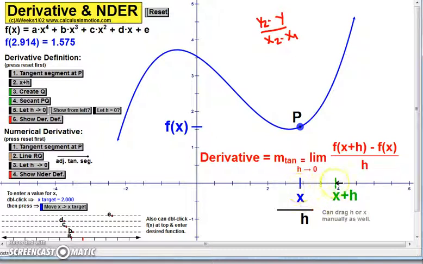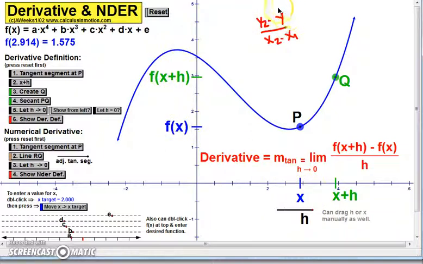So the distance on the x-axis between our first point x and our second point x plus h is going to be a value of h. So that point's going to give us Q right there. So we have an x value of x plus h, a y value of f of x plus h. Then on P we have an x value of x and a y value of f of x.